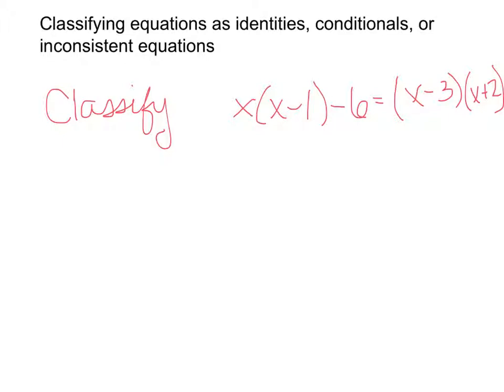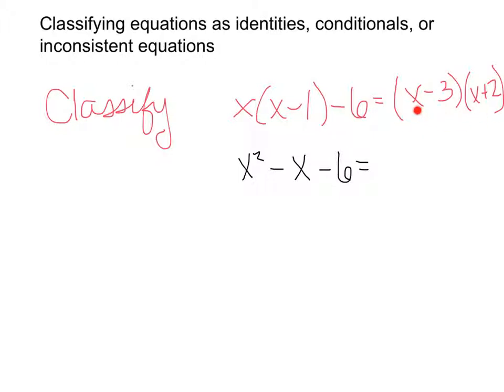We will start by distributing. When we do that, we're going to look at distributing this x to each of these terms. So we'd have x squared minus x minus 6. And now we want to think about foiling on the right-hand side of the equation.